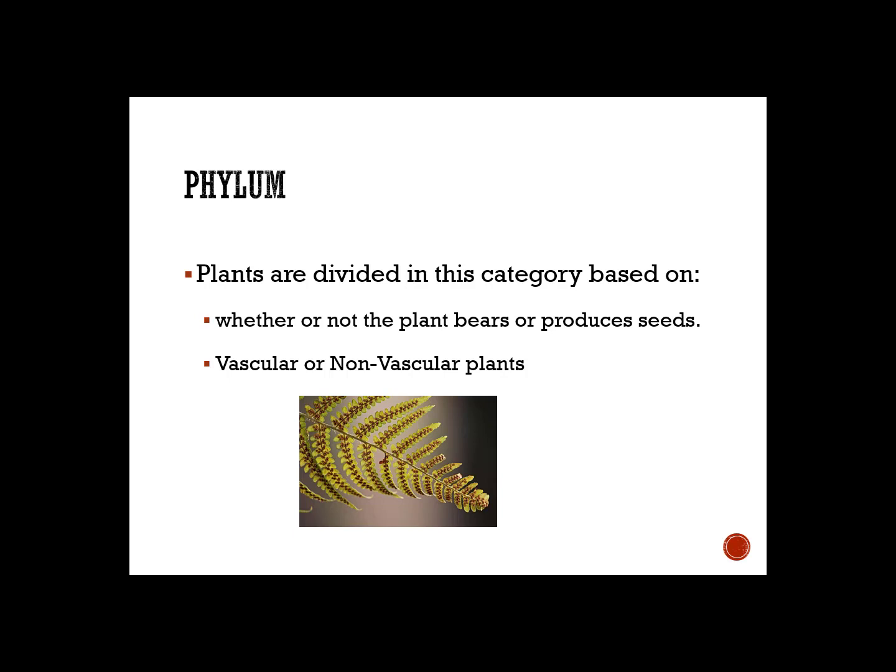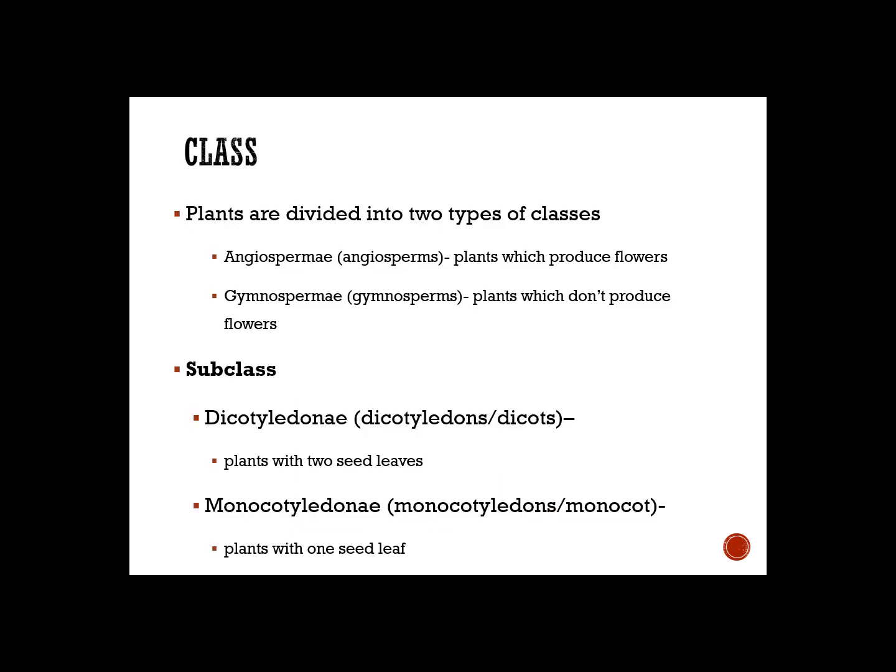Within phylum, they're divided based on whether or not they bear seeds, or whether they're vascular or non-vascular. Below that would be class, and plants are divided into two types of classes. There's the angiosperms, which produce flowers, and gymnosperms, which don't produce flowers.